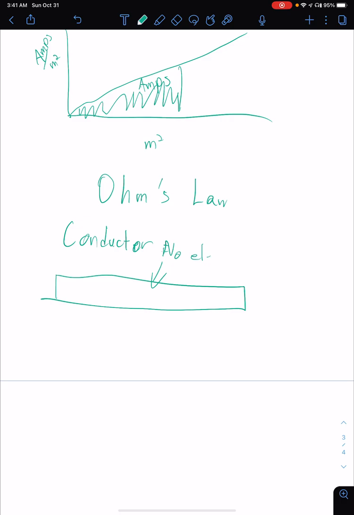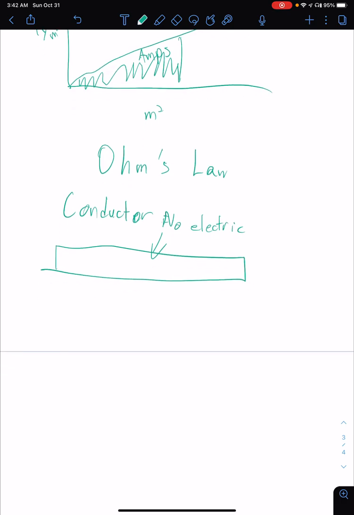No electric field. And as we know, when there's an electric field, particles want to move through it. Okay? But with no potential lines, no voltage difference between the two sides, so let's say this is 0 volts and this is 0 volts, or even 50 and 50, both of them, because the potential across it is the same, there's no gradient, there will be no electric field lines inside of this.